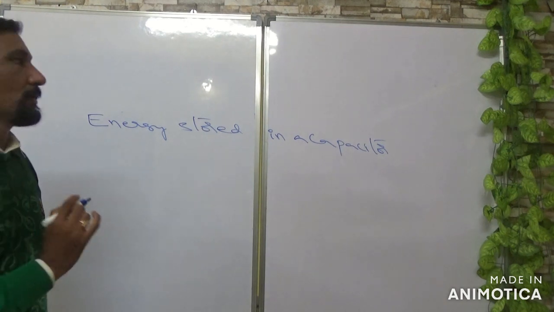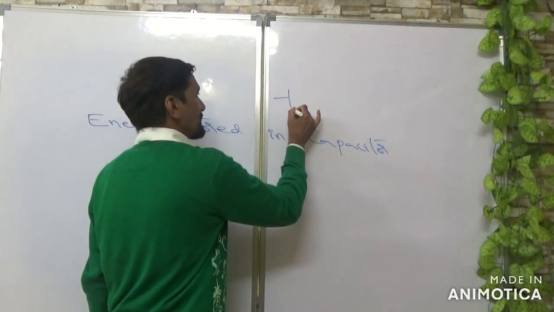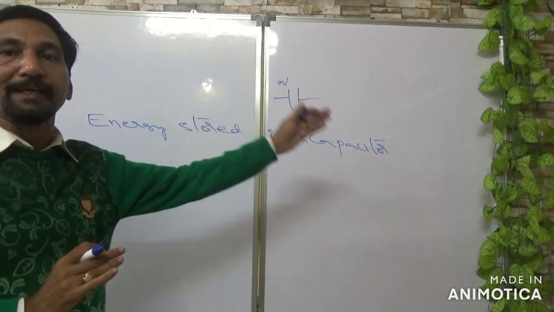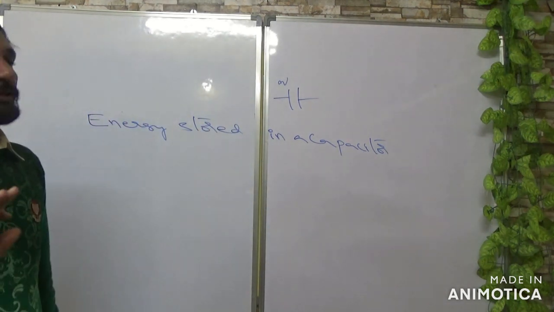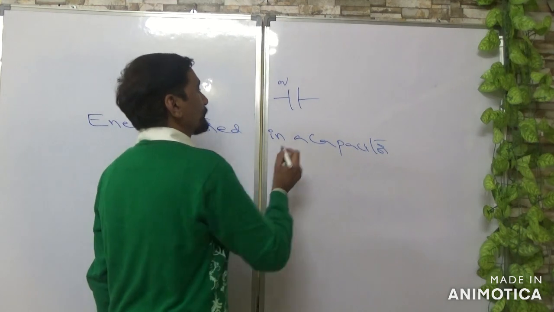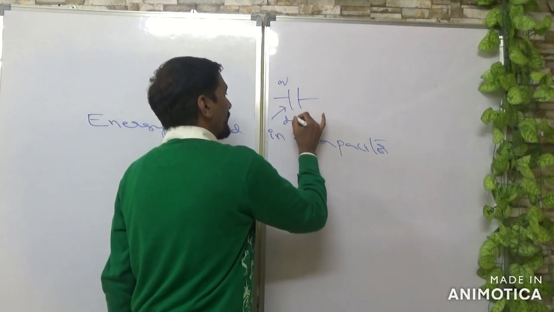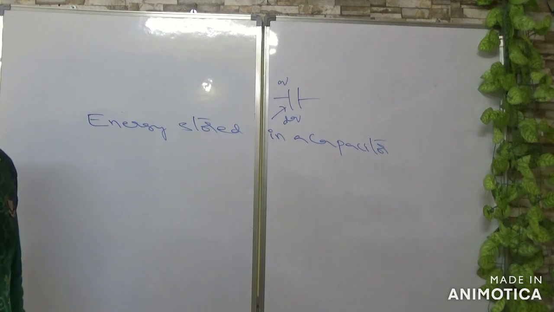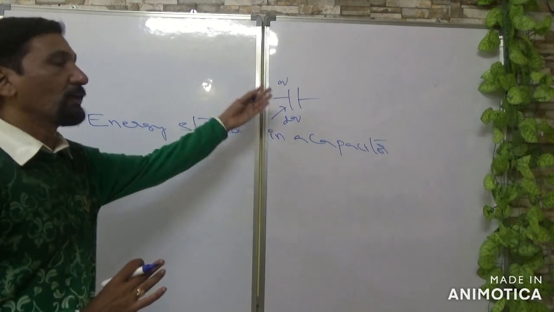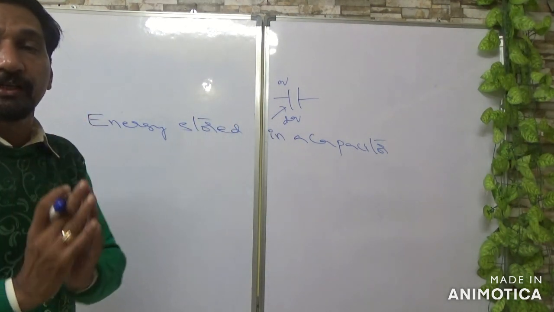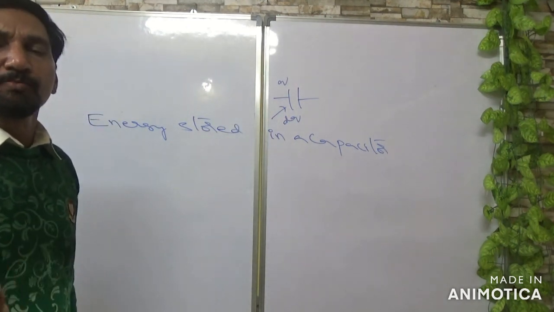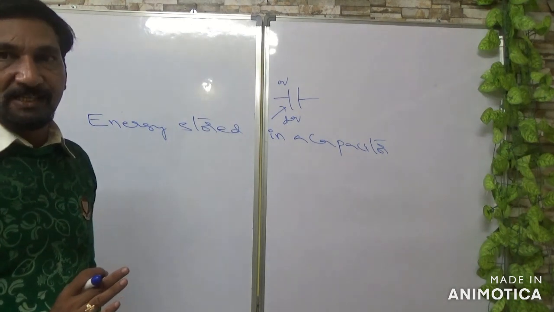For example, you have taken one capacitor, Q is the charge on it at any instant. Suppose you are giving dq charge to it. Now a certain amount of work is to be done, because you are giving a small charge to the capacitor.